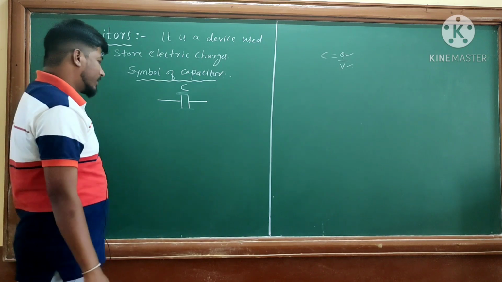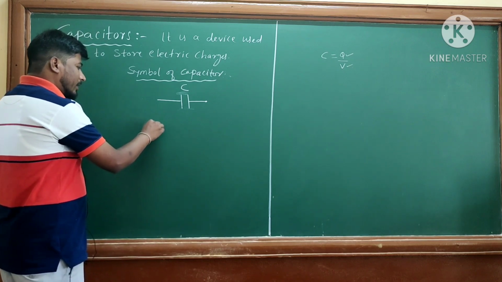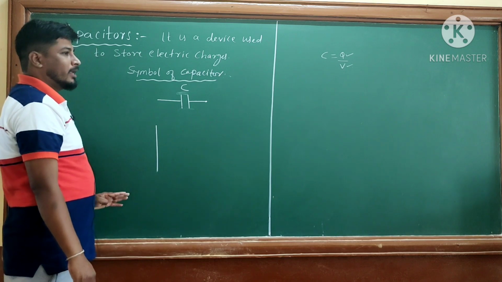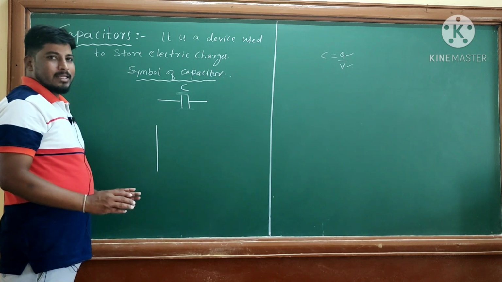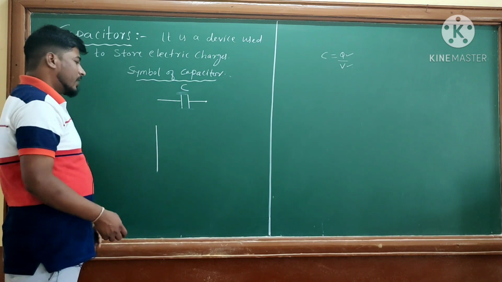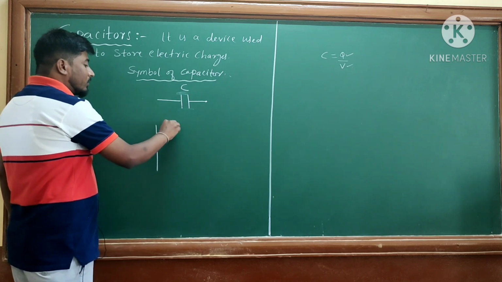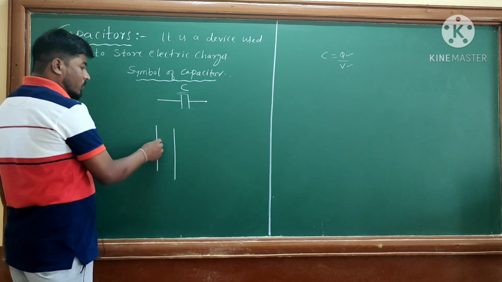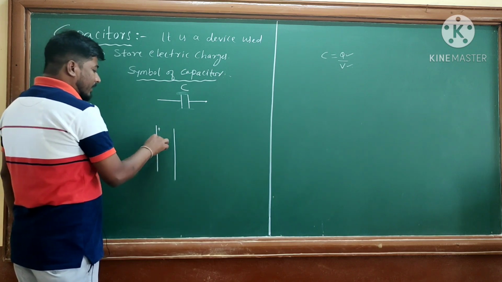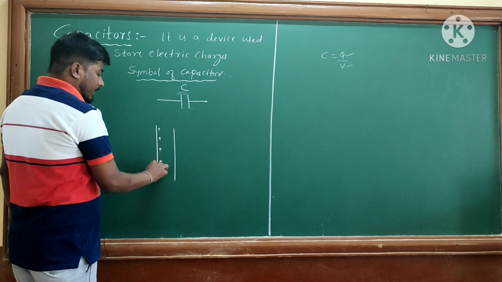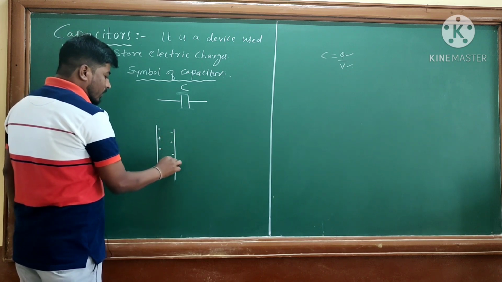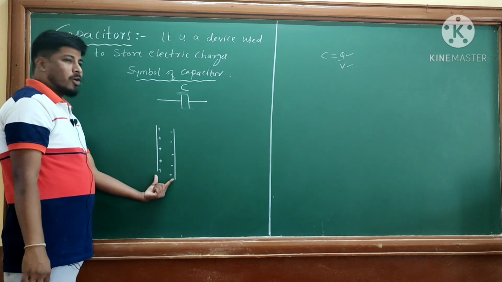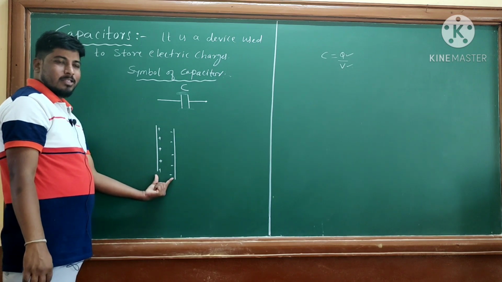How does it work? A capacitor simply is a device, as I said, which stores charges. How does the device look? Two conductors are separated and the energy is stored. This is the form of the capacitor.